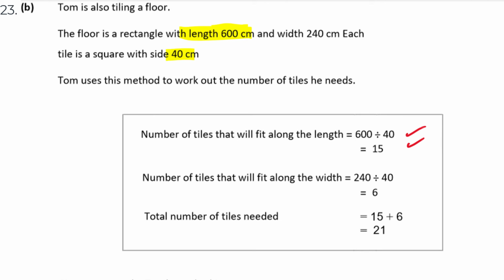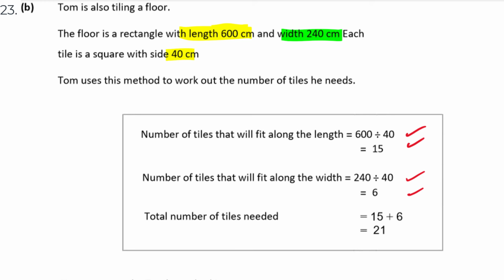The number of tiles that will fit along the width is 240 divided by 40. So 240 divided by the same 40. That is correct. Let's just double check the maths. 240 divided by 40, 6. Yep, that's good as well.